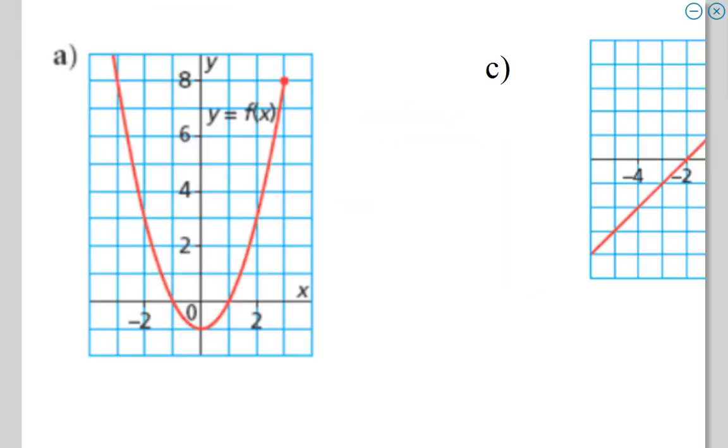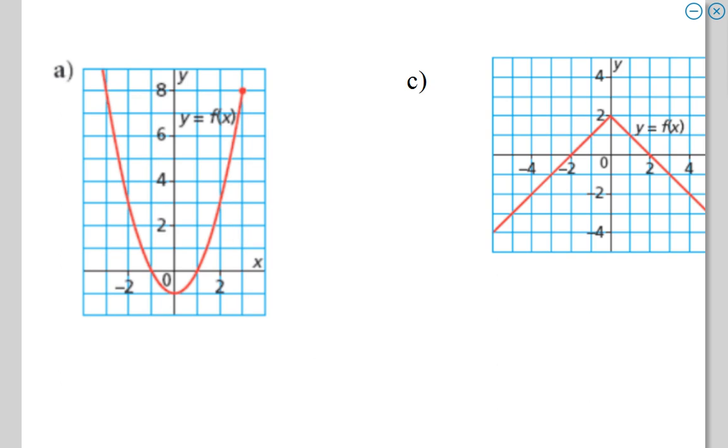Okay, let's try A. For A, I'm going to show you what should be on the picture that's not, which is kind of confusing. There should be this right here. Can you guys add that for me?